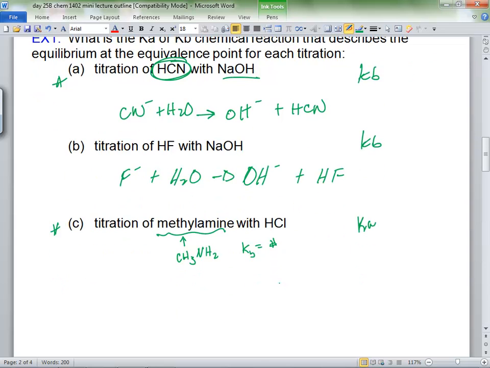Okay. So now Albert said we were going to write a what reaction? A Ka. All right. So how do you write a Ka reaction? What would you write? Victoria, what would you write? But CH3NH2 is the conjugate base.